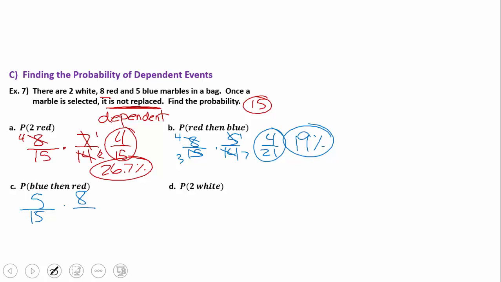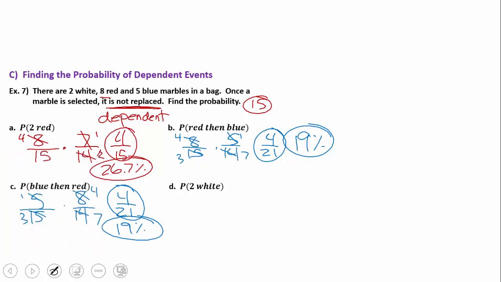But we did take out a marble, so there's only 14. Now I can simplify. 5 and 15 gives 1 and 3, 8 over 14 gives 4 over 7. And so we still get 4/21, which we know is 19%. So it came out to be exactly the same on that one.